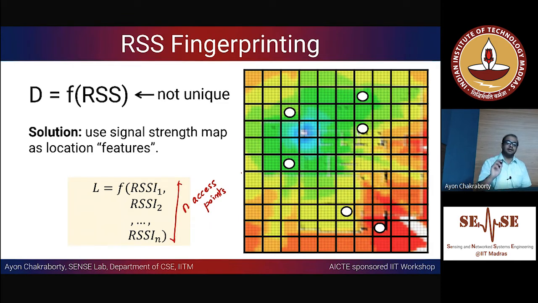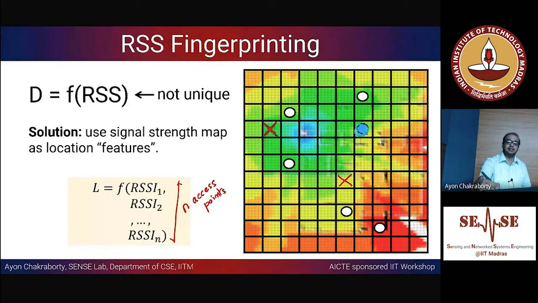So all the values of the signal strength that you are getting at, let's say, some location, cannot be exactly the same for all the access points. Maybe two access points will show very similar values. Let me color this particular access point blue.